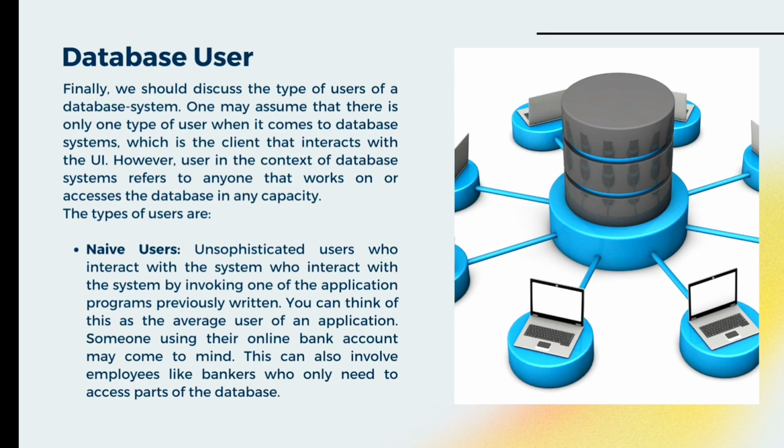The types of users are naive users, unsophisticated users who interact with the system by invoking one of the application programs previously written. You can think of this as the average user of an application. Someone using their online bank account may come to mind. This can also involve employees like bankers who only need to access parts of the database.